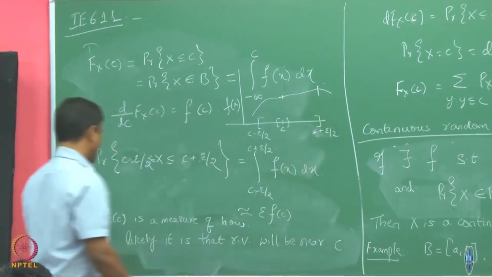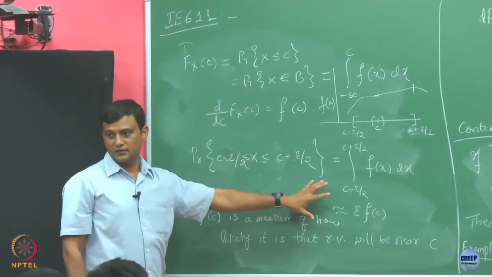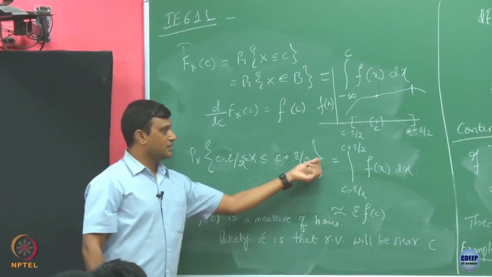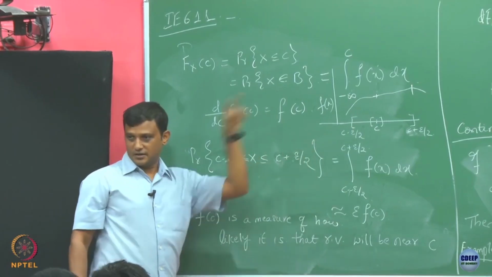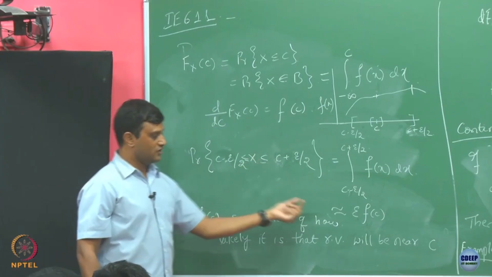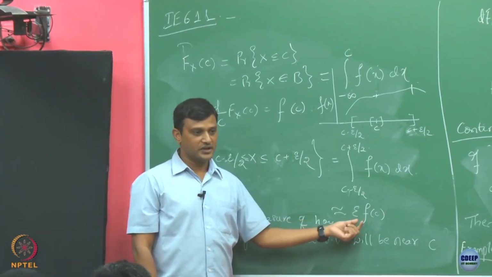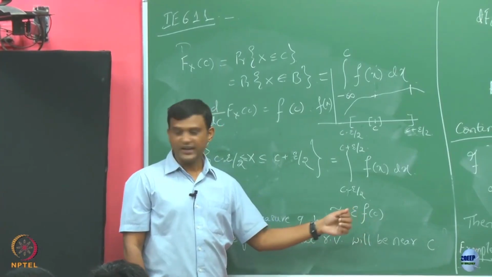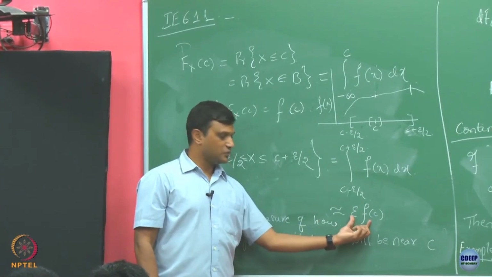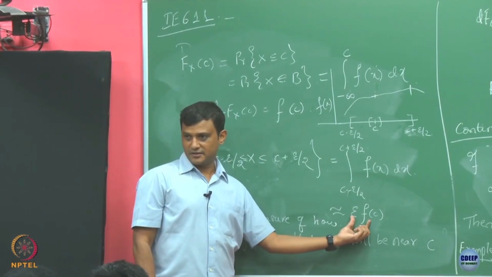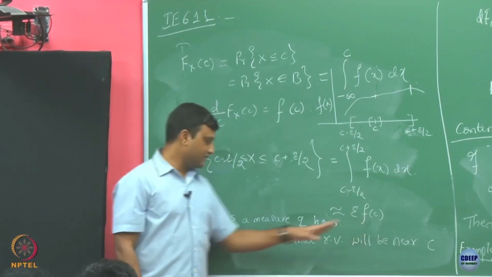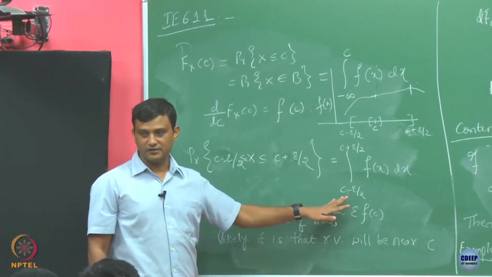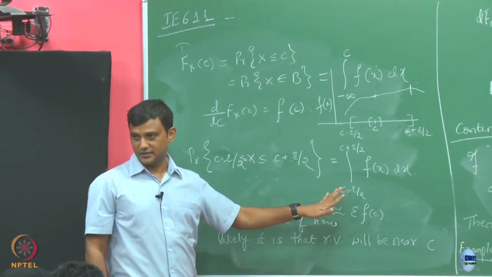But that is only when we interpret it in this fashion, when we take this interval very small and look at the probability, and that probability simply turns out to be epsilon times f of c. Okay, so if f of c is large, this probability is also large, right? In that way, f of c is a measure of how likely it is that the random variable is taking a value close to c. Okay.